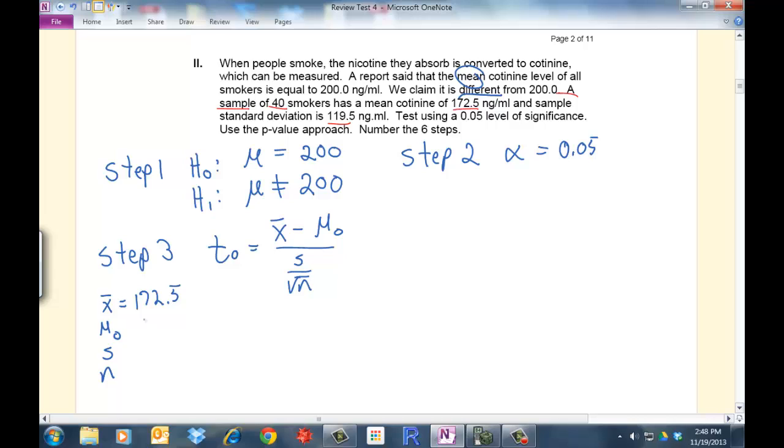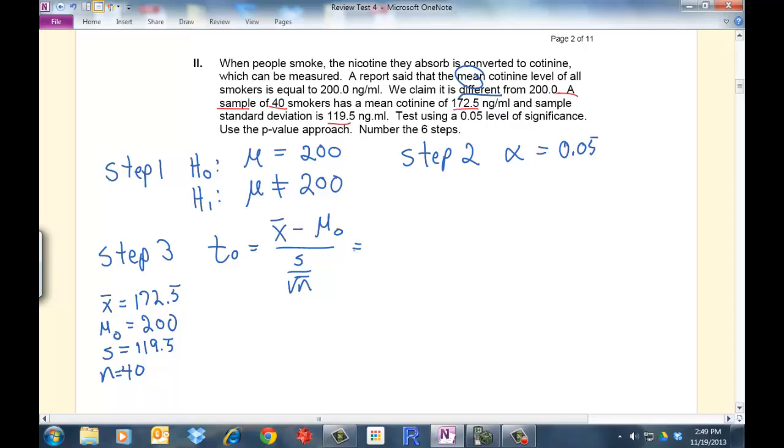172.5, and the standard that we're comparing our sample evidence to is the 200. And then standard deviation is 119.5, and our sample size is 40.